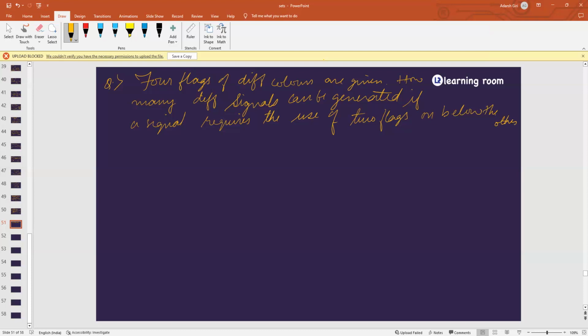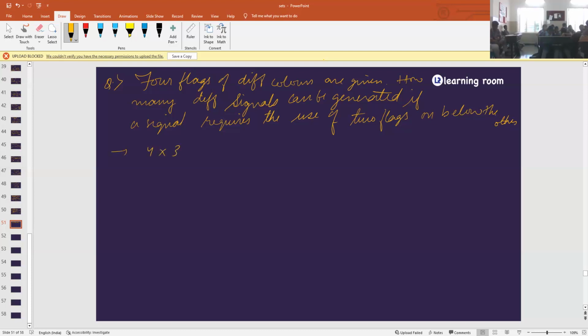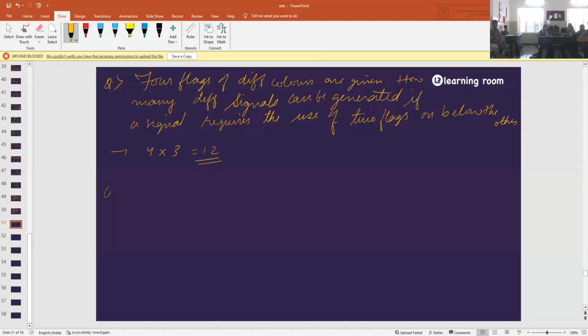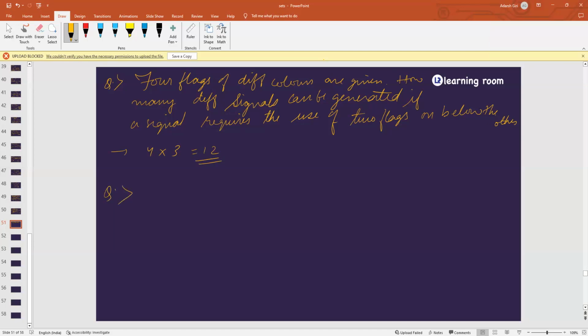Good, very good. So total 4 into 3, right? 4 different ways and 3 different ways for the remaining 3 flags. That is 12. Good, very good. You're able to solve it.